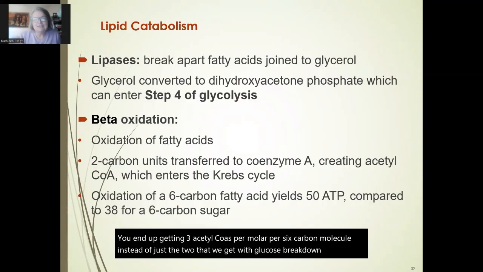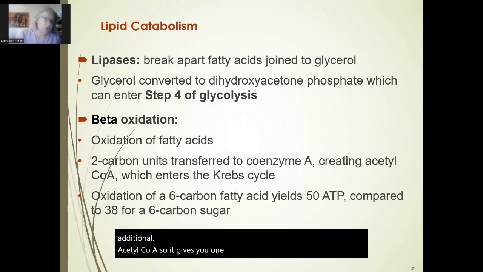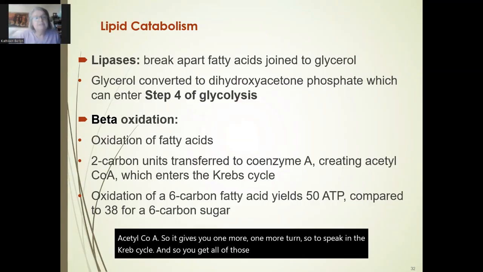So a 6 carbon fatty acid actually generates 1 additional acetyl-CoA. So it gives you one more turn, so to speak, in the Krebs cycle. And so you get all of those extra ATPs produced from that process.